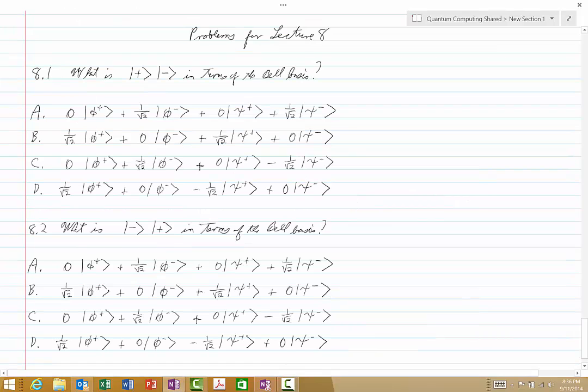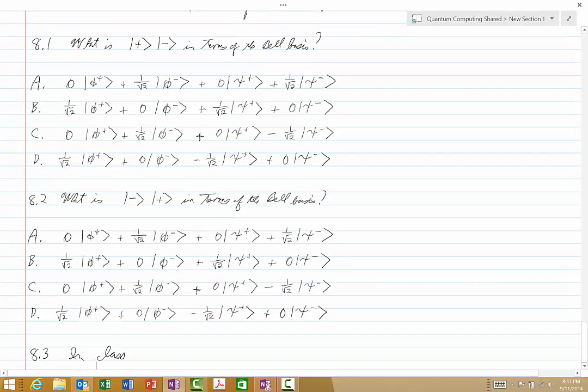So for the problems for Lecture 8, we'll just have two relatively straightforward problems. What is plus minus in terms of the Bell basis? And you have these choices. And what is minus plus in terms of the Bell basis? And the same choices.